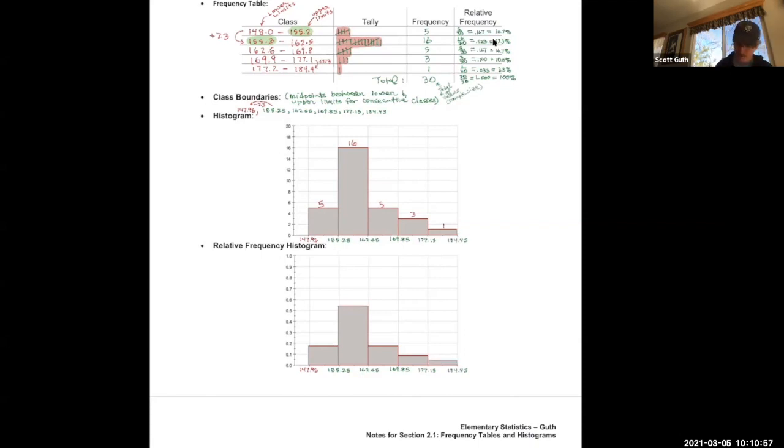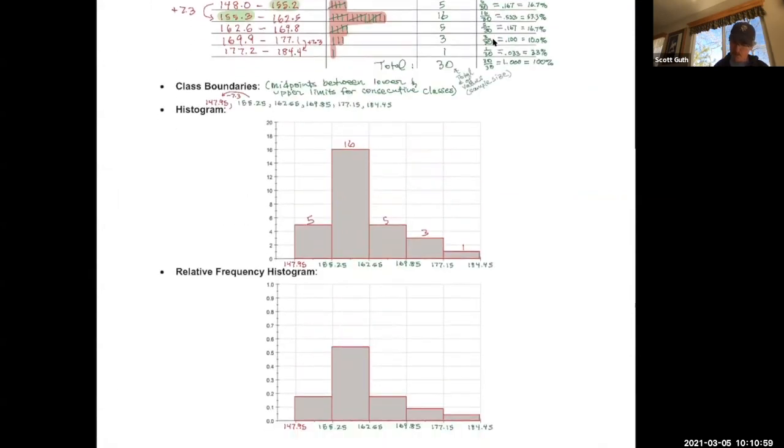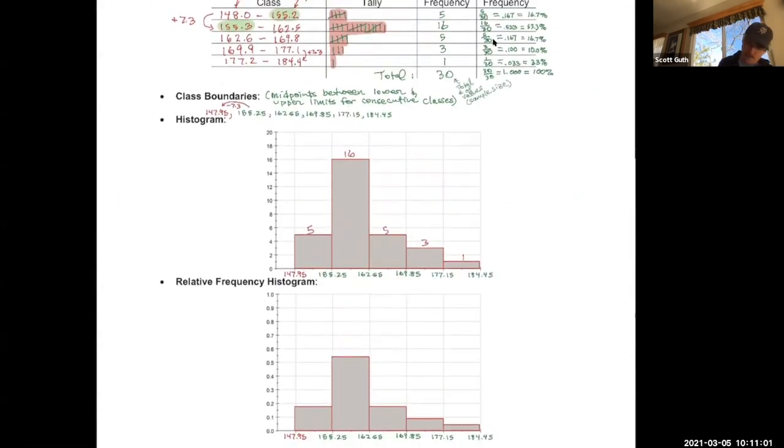That's fine. So again, I'm going to put in the frequencies. So 0.167, the relative frequencies, 16.7%, 53.3%, 16.7, 10%, and 3.3%.